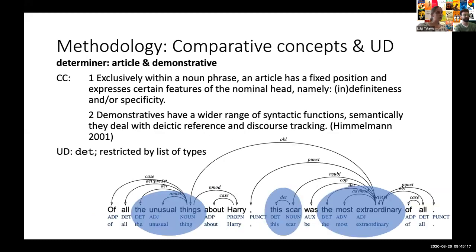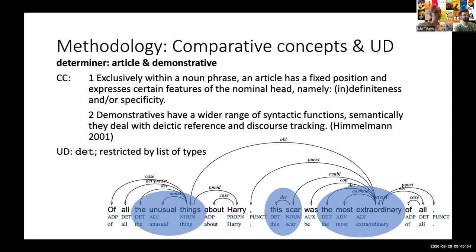Then we come to determiners. So UD has a universal part of speech called DET in capital letters, and a syntactic relation det in small letters that you can see on the slide. Since we do not believe in the universality of an adnominal modifier called determiner from a typological perspective, and since this category contains relevant typological word classes such as articles and demonstratives and quantifiers and personal pronouns, we basically try and split up UD det into more relevant comparative concepts that we want to investigate.